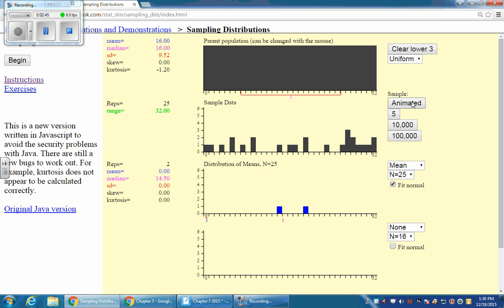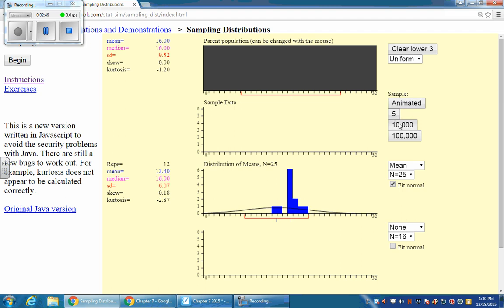Now, if we did this many, many times, 5 more, 10,000, 100,000, you can see this distribution looks very, very normal. When we took n equals 2, it was not a normal distribution. It was more triangular. But as my n got bigger and bigger, the means formed a normal distribution.